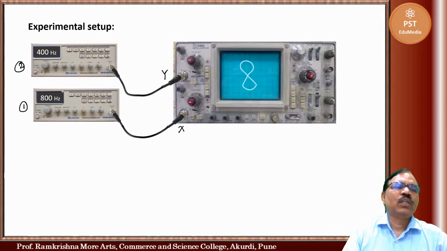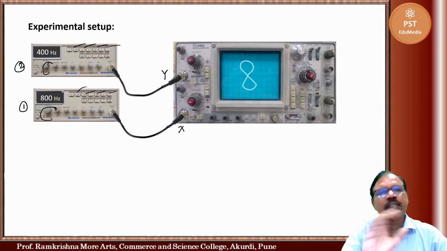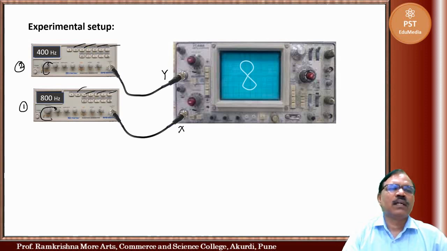Using these knobs, you can set the frequency, and using this knob you can change the amplitude of the sine wave signal. Here also, using these knobs you can set the frequency, and using this knob you can set the amplitude. So there are knobs for amplitude setting as well as frequency setting.